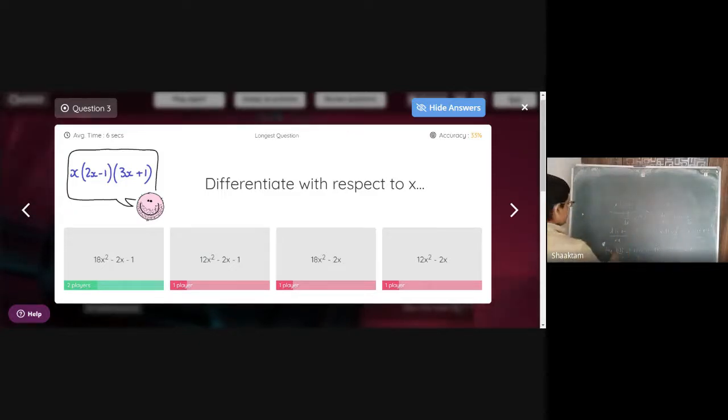Wait, this term will be 0, I'm getting that, because 3 is a constant. But 3 into d of 4x minus 1 by dx, that will be 4. So it should be accordingly 12. The answer should be 12.